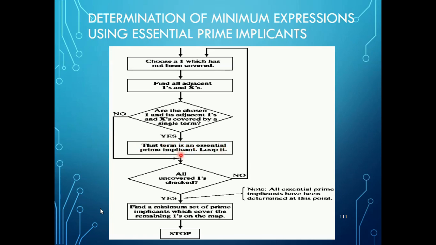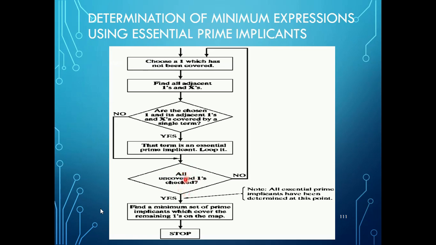The next step is whether all uncovered ones have been checked. If you have followed the procedure and found all the essential prime implicants, you will stop the procedure. If not, you have to check for other ones also in your problem.